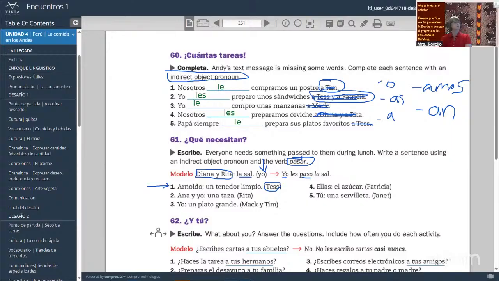Okay, Brooke or Mia? And Mia, you had number 5, right? Okay, good job, Mia. That's perfect. Okay, here's number 5.